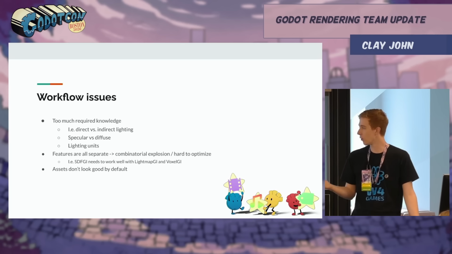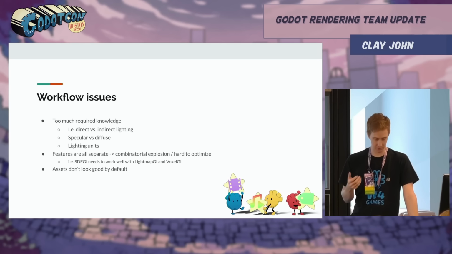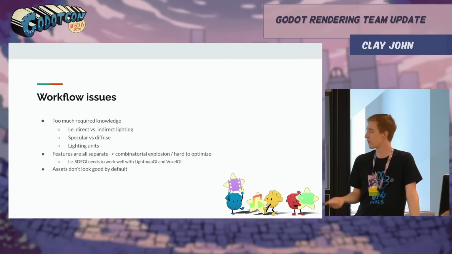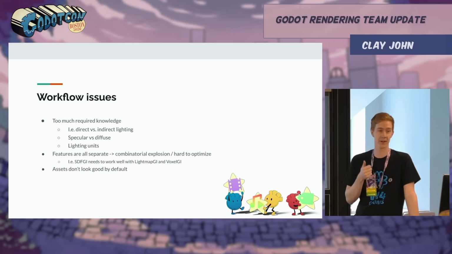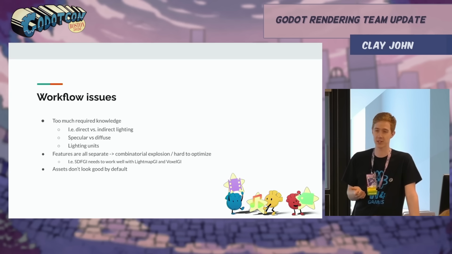And finally, overall, in my opinion anyway, most assets don't really look good by default, which is a problem. I don't know if it's a solvable problem in Godot 4. Godot 4 is already way better than Godot 3 in this department, where in Godot 3, if you just pulled in a GLTF file, it would just look bad by default until you made changes.